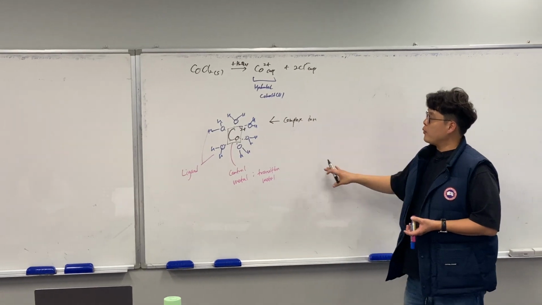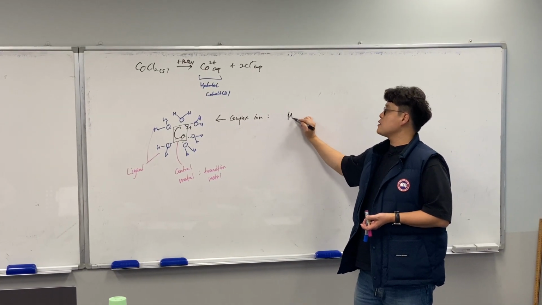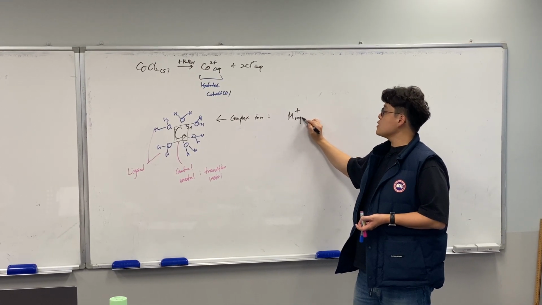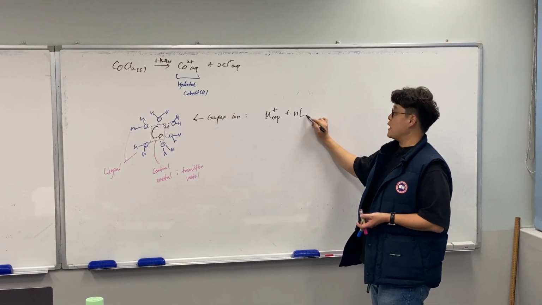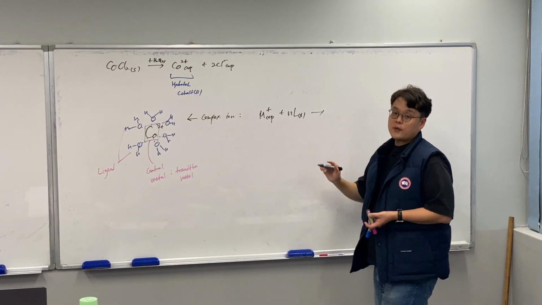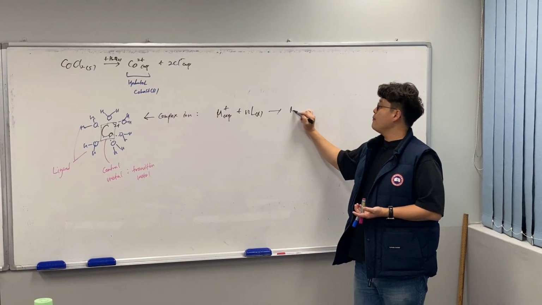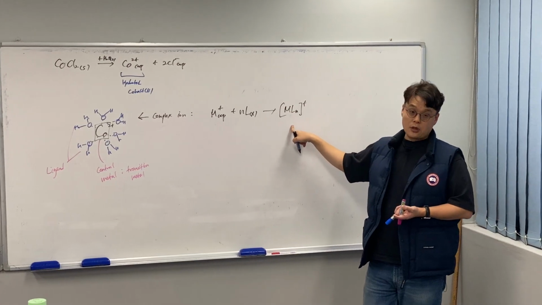So in a way we can describe the complex ions like this: we have a metal with some plus charges, aqueous. When this is combined with n number of the ligands, which is aqueous or liquid, they will form the complex metal structure called M Ln with the plus charge. These are complex ion structures.